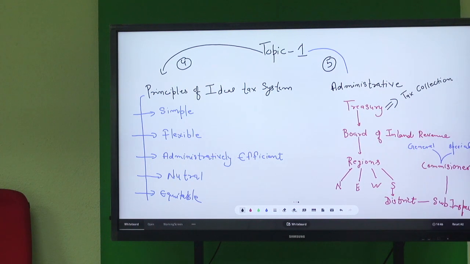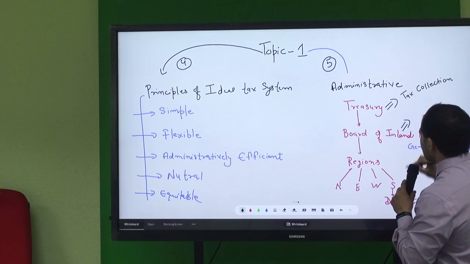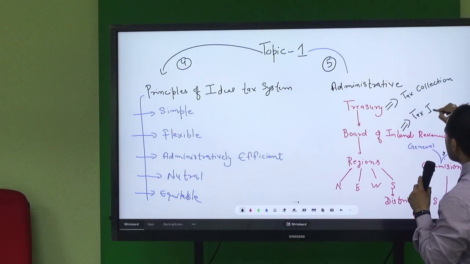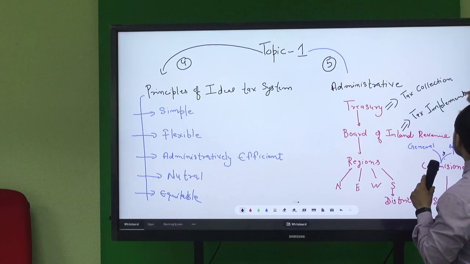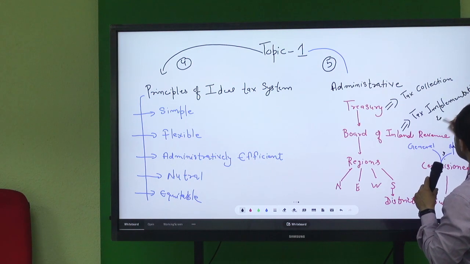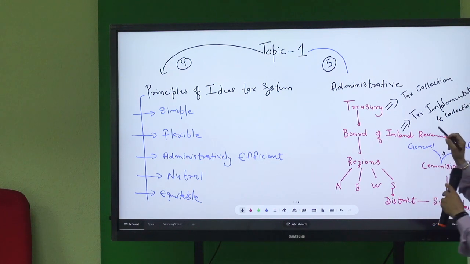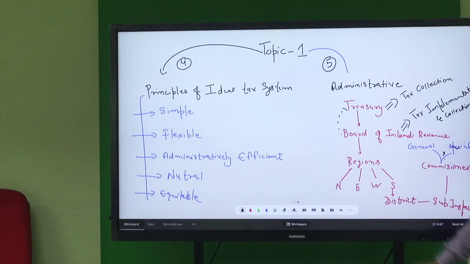And under the treasury, there is a Board of Inland Revenue. The Board of Inland Revenue is responsible for tax implementation and, of course, tax collection. Whatever tax is collected as revenue will be transferred to the treasury.